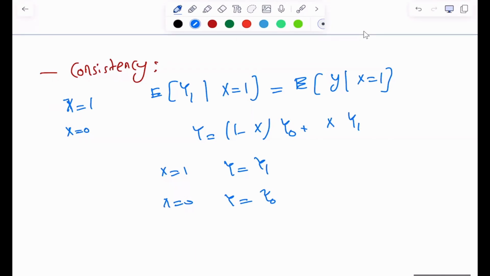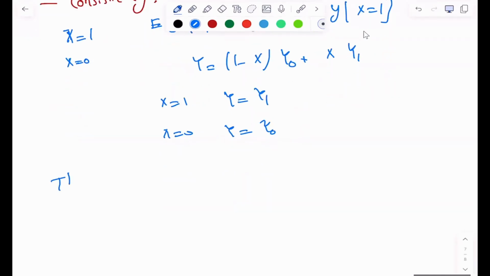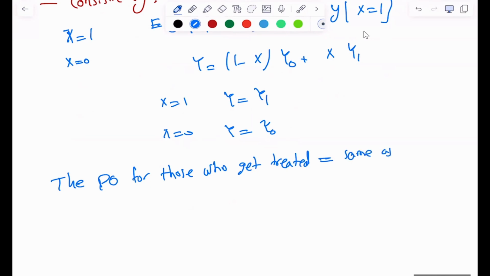So all it says, in plain English, is that the potential outcome for those who get treated is the same as the observed outcome for treated people.